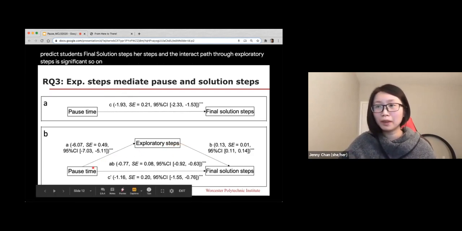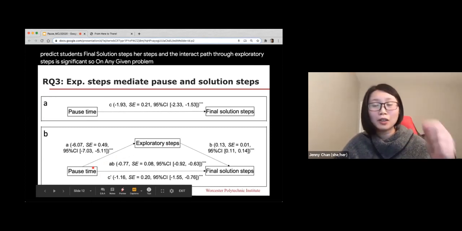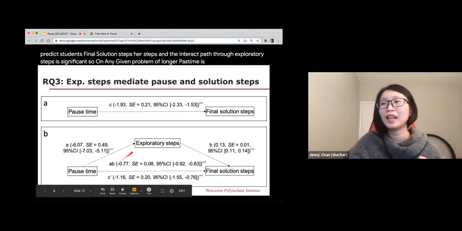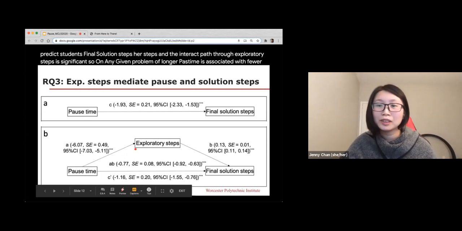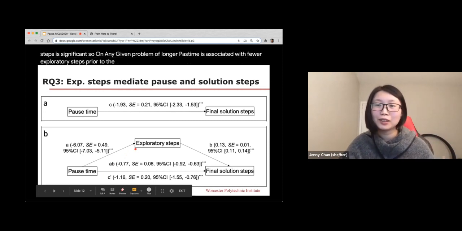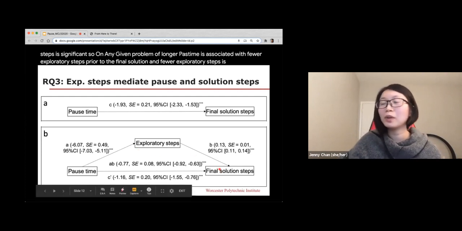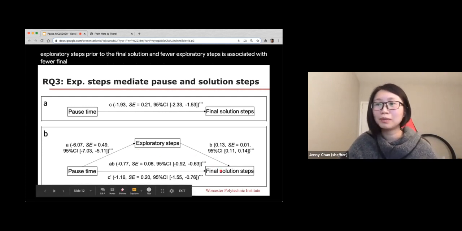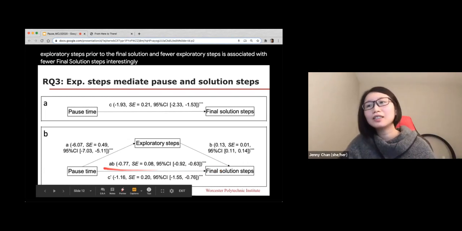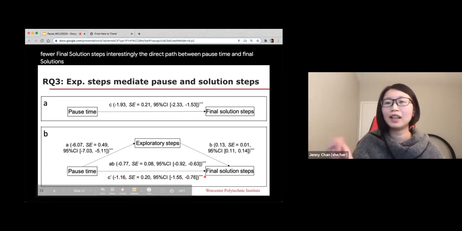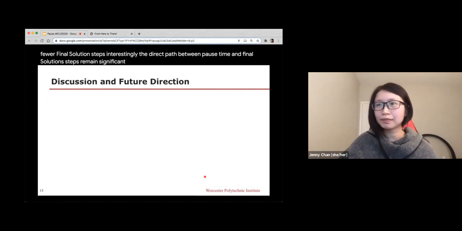So on any given problem, a longer pause time is associated with fewer exploratory steps prior to the final solution, and fewer exploratory steps is associated with fewer final solution steps. Interestingly, the direct path between pause time and final solution steps remains significant.